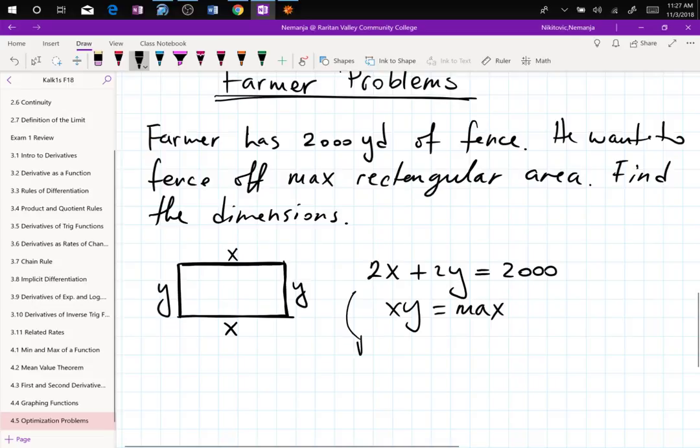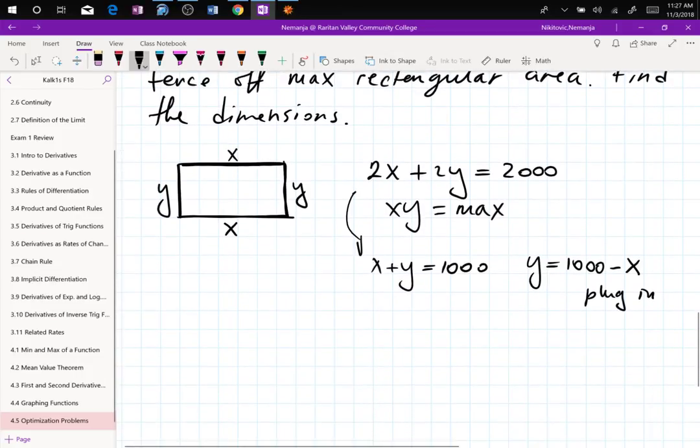So from the top equation, x plus y equals 1,000, y equals 1,000 minus x, plug in. Now your x times 1,000 minus x is equal a max. 1,000x minus x squared is equal to a max.